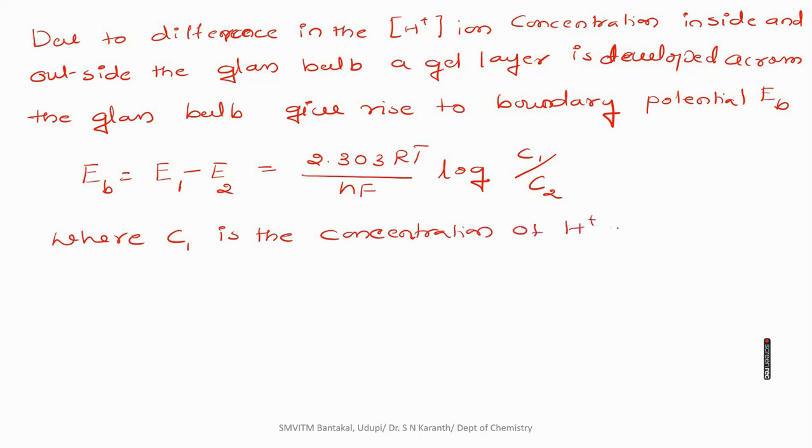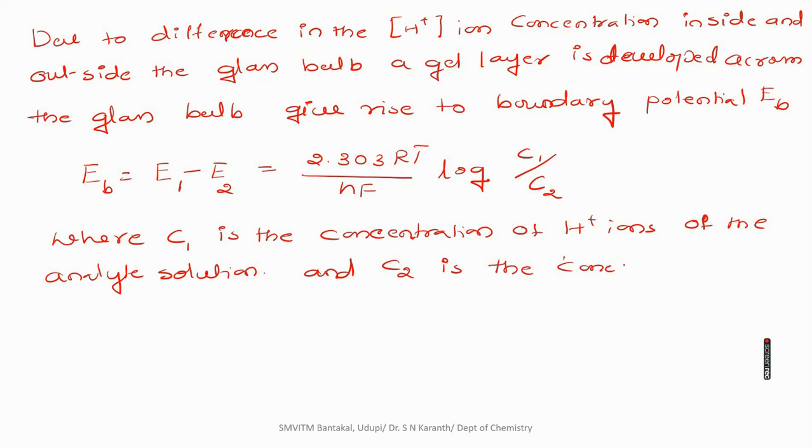That's why we write 2.303 RT/NF log C1/C2, where C1 is the concentration of H+ ion of the analyte solution, and C2 is the concentration of H+ ion of the acid solution inside the glass bulb.